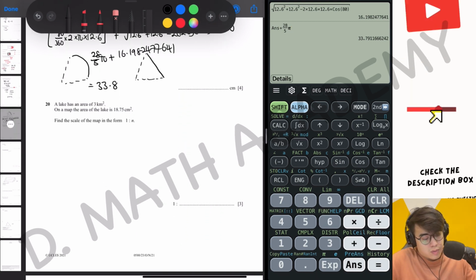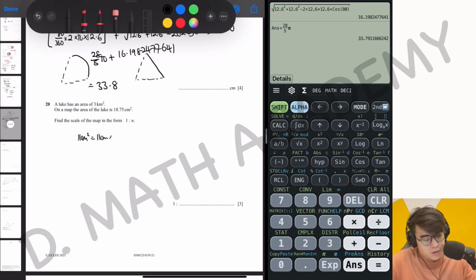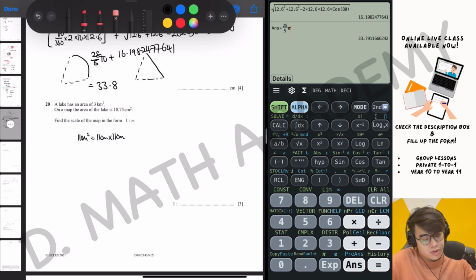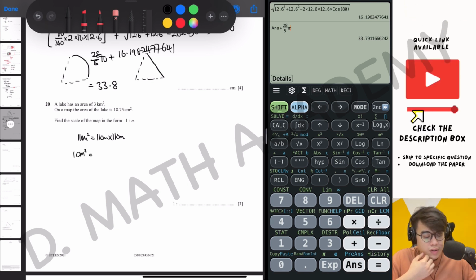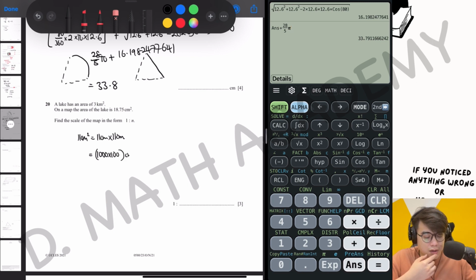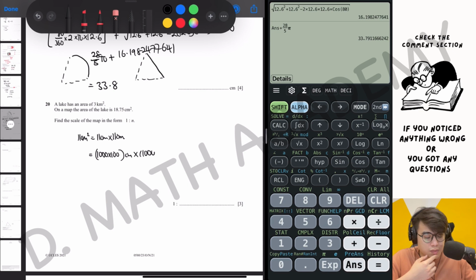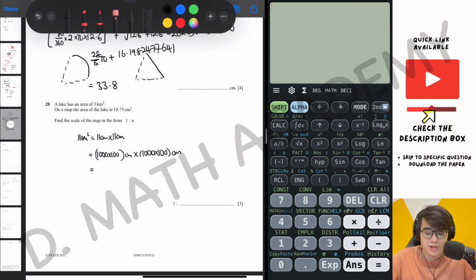So 1 km square equals 1 km times 1 km. So if I wanted to make it into cm square, all of this unit here will be updated. Because 1000 times 100 is to make it into cm, and then 1000 times 100, this is to make it into cm as well. Wow, so many zeros.